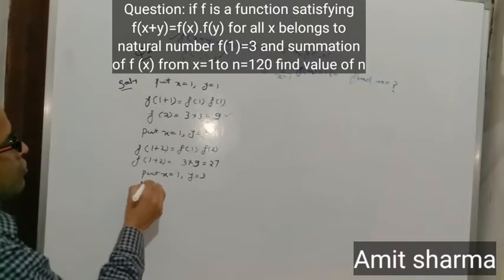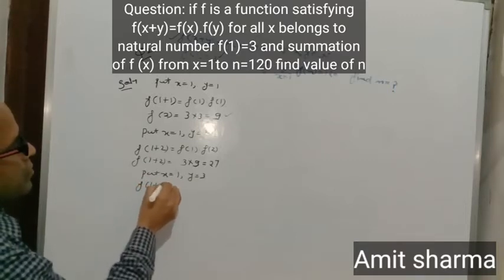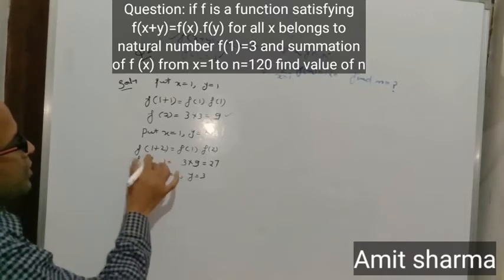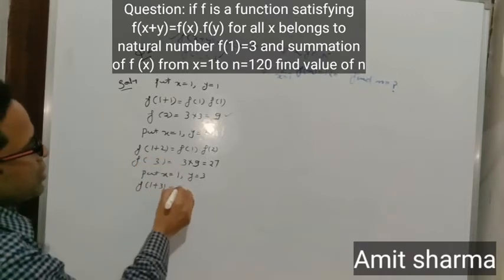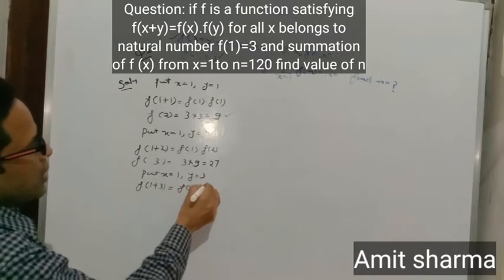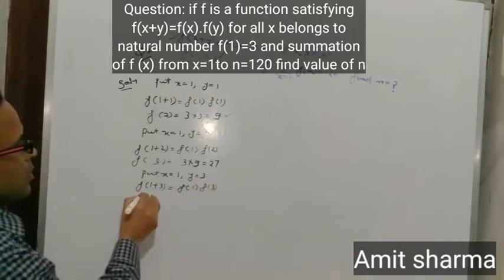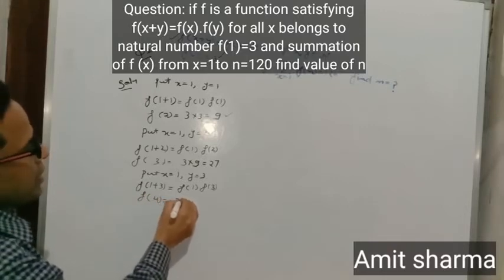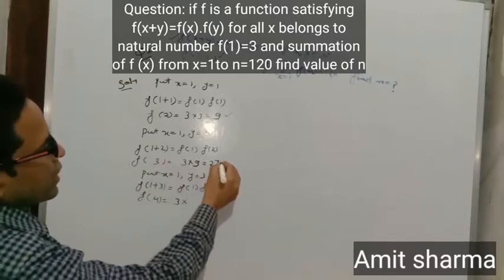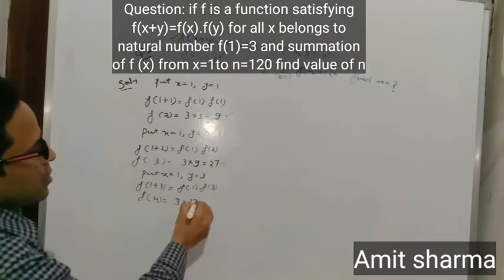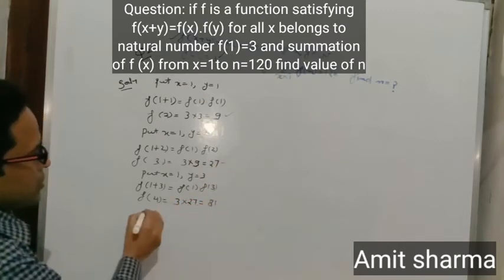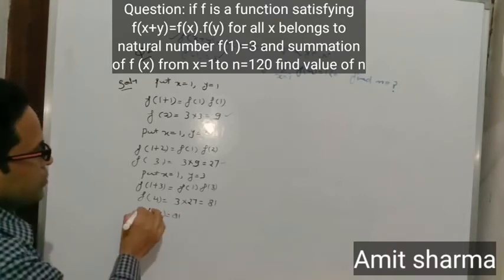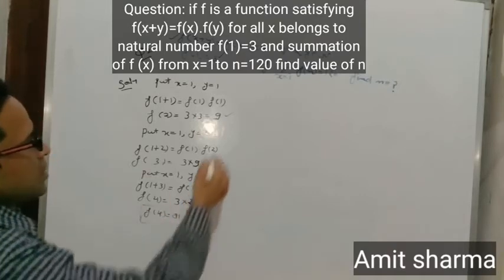You get f(1 plus 3), which is f(4), equal to f(1) into f(3). Now f(1) is 3 already given, f(3) just now you found, 27. You get 81. So f(4) is 81. Clear?